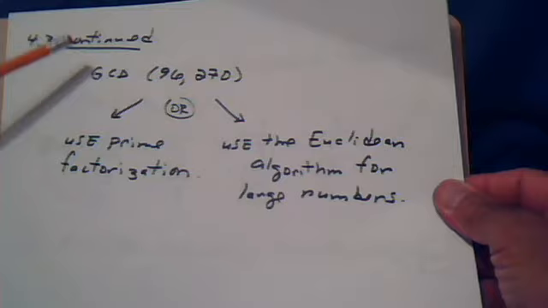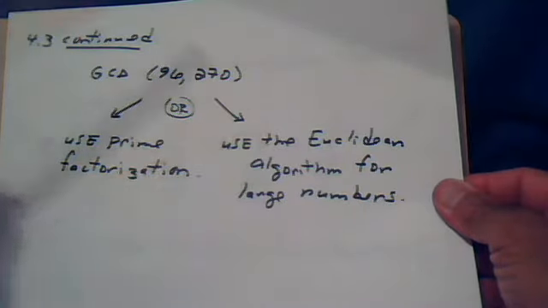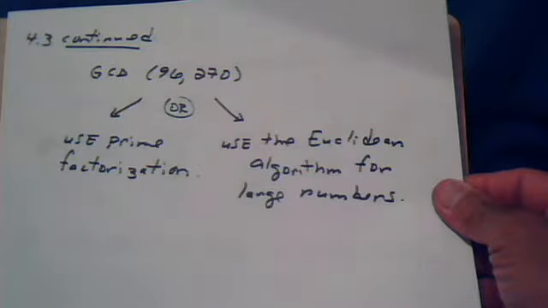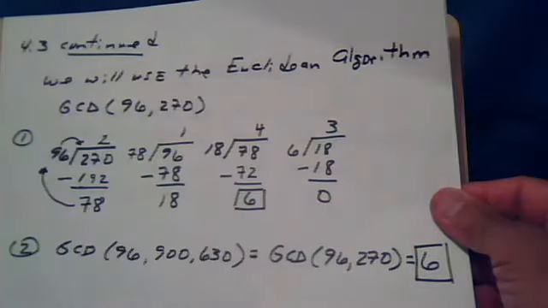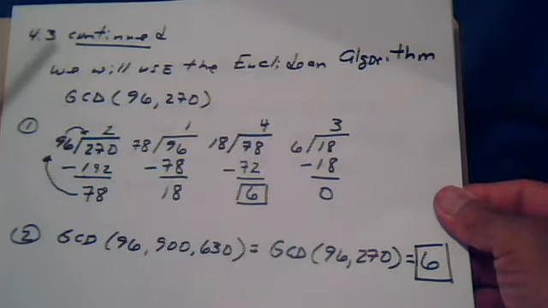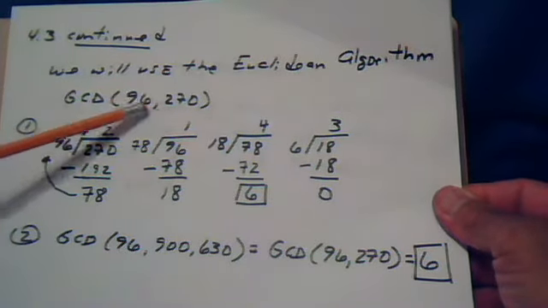You could find the GCD using prime factorization, or you could use the Euclidean algorithm for large numbers. We're going to go with the Euclidean algorithm. It's supposed to be a shortcut. And this is the way it works. You take these two numbers and divide the bigger one by the smaller one.